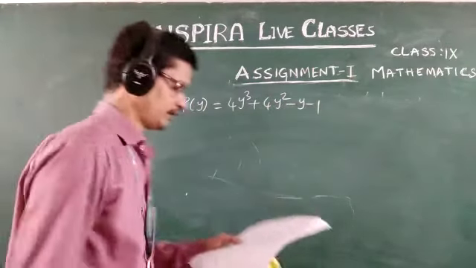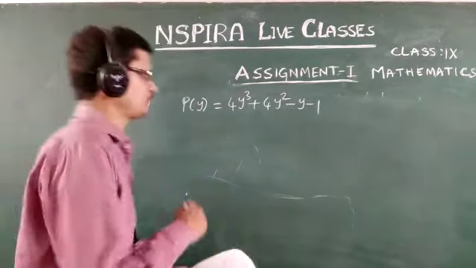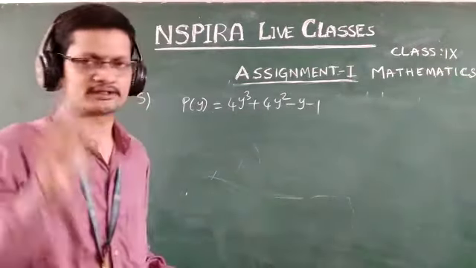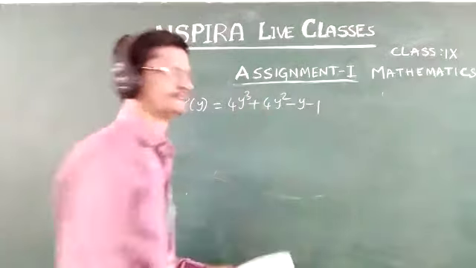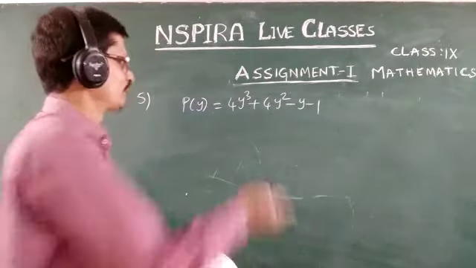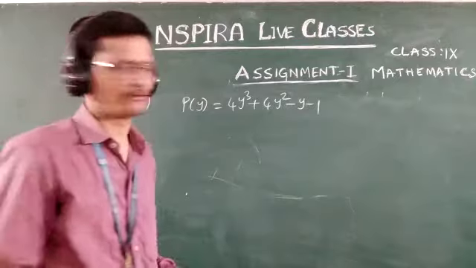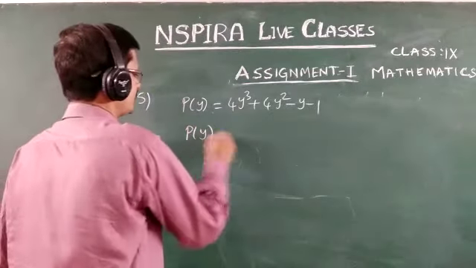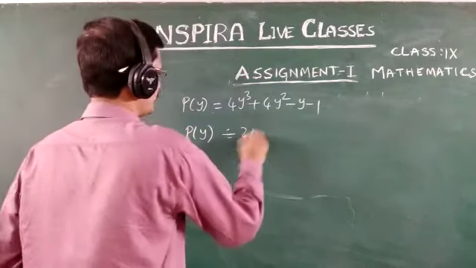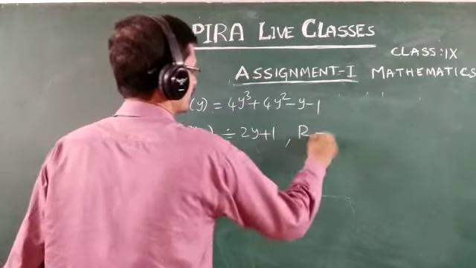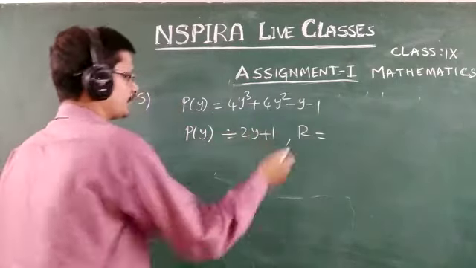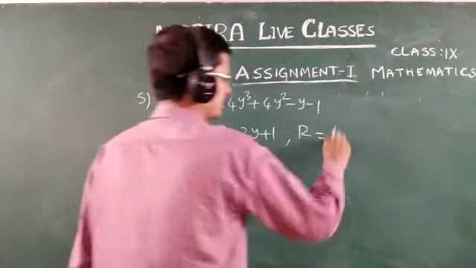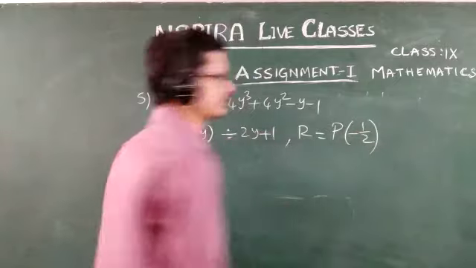Check whether p of y is a multiple of 2y plus 1 or not, nothing but whether 2y plus 1 exactly divides this one. So find the remainder. If it is 0, it is a multiple. Find the remainder of p of y divided by 2y plus 1. What is the zero of this polynomial? Minus 1 by 2. So the remainder is p of minus 1 by 2.